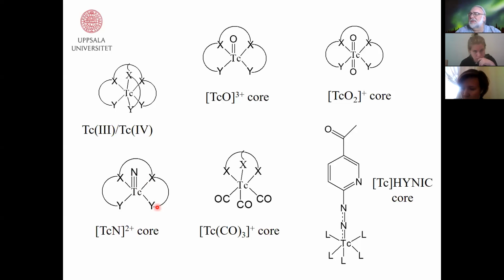Again, it's very interesting that those complexes have a pyramidal shape, so ligands are located in the equatorial plane, and in this case, the oxygen atom or nitrogen atom just protrudes over the equatorial plane of the complex, and in the technetium O2 core, the oxygens are located above and below the equatorial plane, forming a bipyramid.